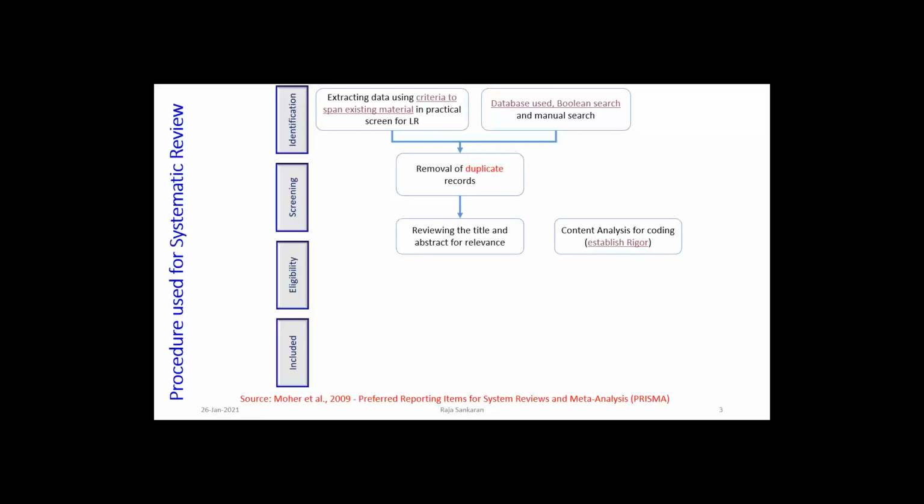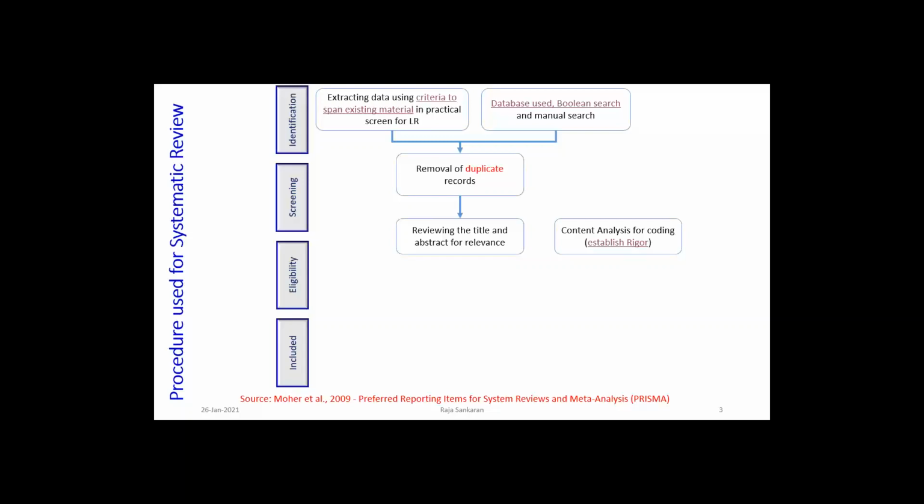I won't go into too much detail about the qualitative aspects, but primarily from the point of view of SLR and meta-analysis, we need to ensure that the results being produced are in unison, and there are no conflicts, primarily from the point of view of the content analysis part.